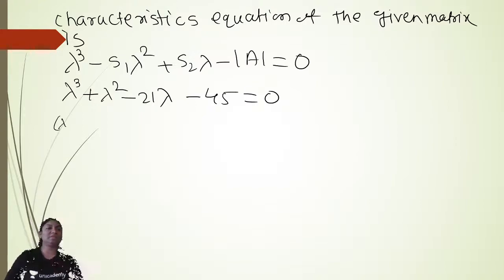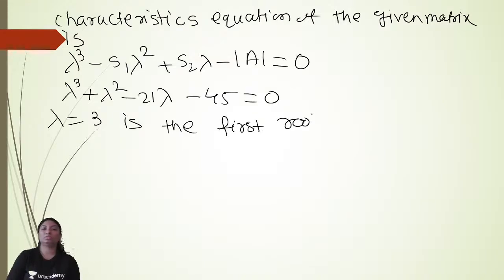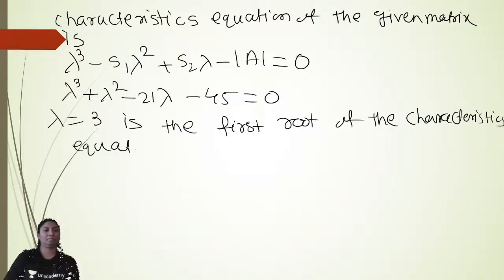So lambda is equal to minus 3 is the first root of this characteristic equation. Okay, so we will use synthetic division to find the other roots.